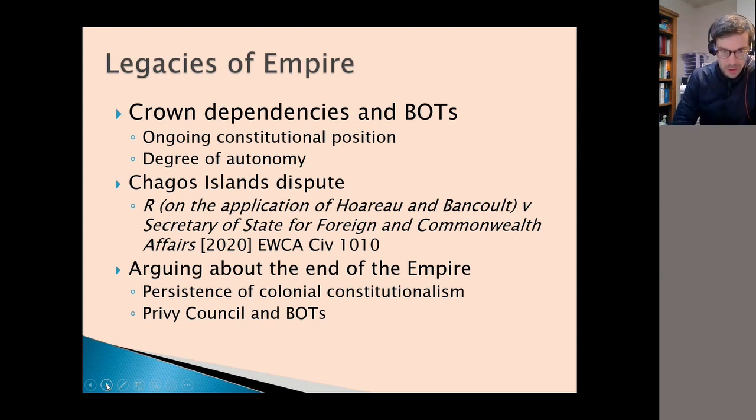There's some discussion of the Chagos Islands dispute, and coming to the end, some encouragement of students to read some resources around the persistence of colonial constitutionalism, and consider to what extent the end of empire continues in the constitution today.